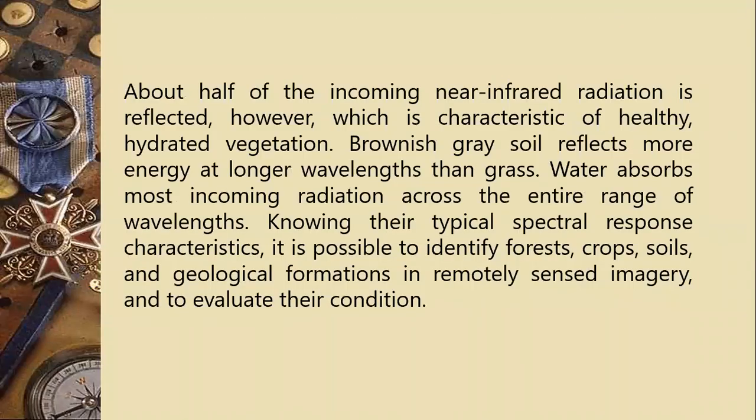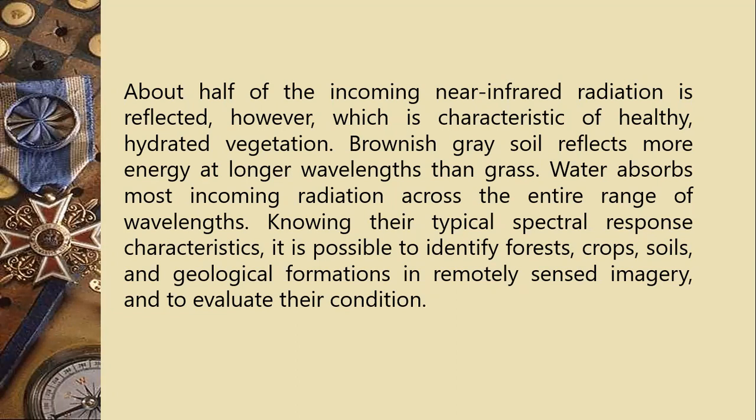Then let us go through the explanation. About half of the incoming near infrared radiation is reflected, which is characteristic of hydrated vegetation. Brownish gray soil reflects more energy at longer wavelengths than grass. Water absorbs most incoming radiation across the entire range of wavelengths.